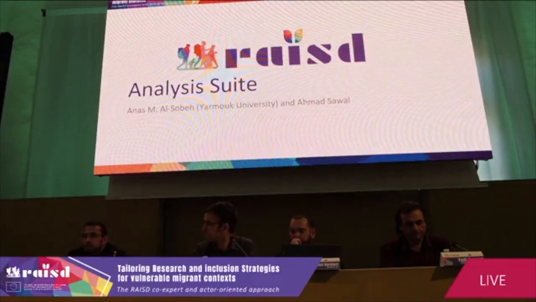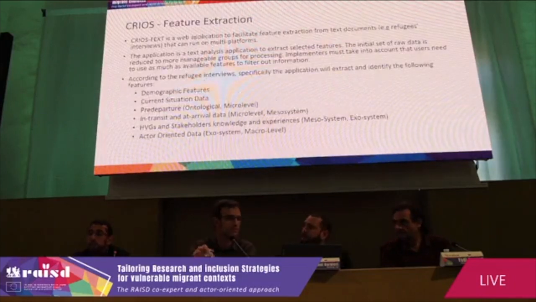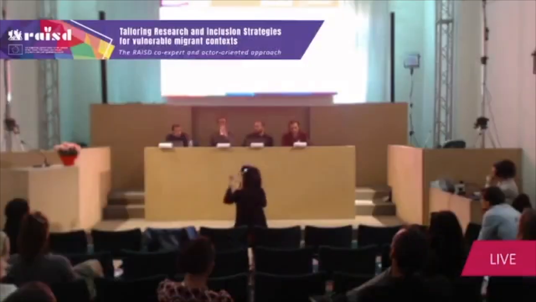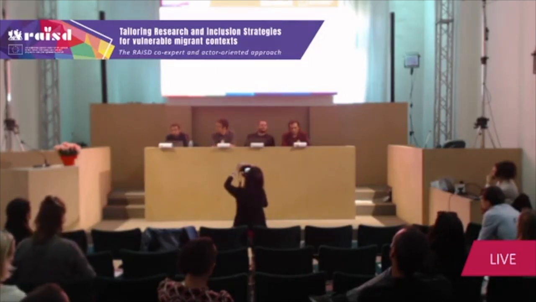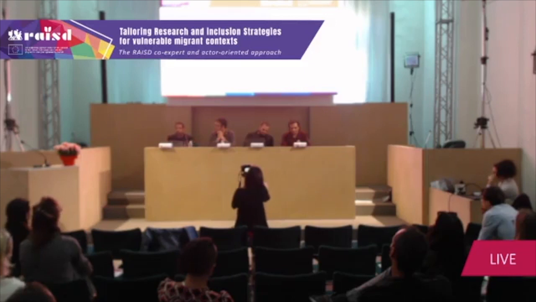Actually, our part in this CRIOS platform is the CRIOS feature extraction and anonymization. It's a web application to facilitate a text analysis process to extract selected features from text analysis, like an interview with a person or any text analysis that can be run on multiple platforms.